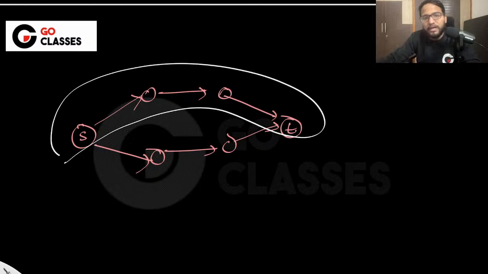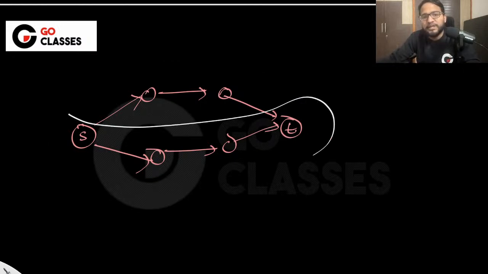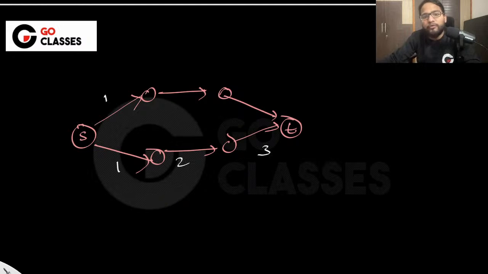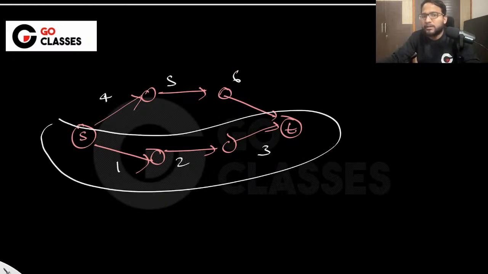This is the first one and this is the second one. Just for simplicity, I'm keeping two paths. Now let's suppose this is the minimum among the two paths, with weights 1, 2, 3, but these were 4, 5, 6. So obviously the shortest is this one. Now what is the cost of this shortest path?